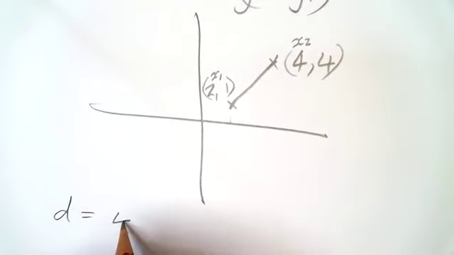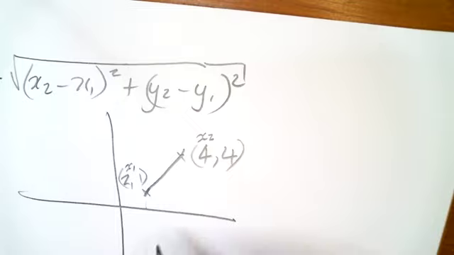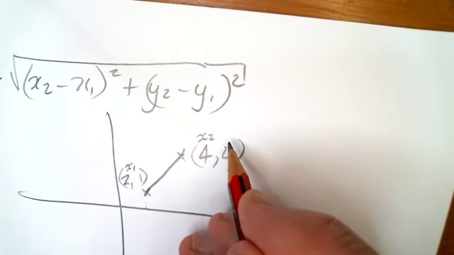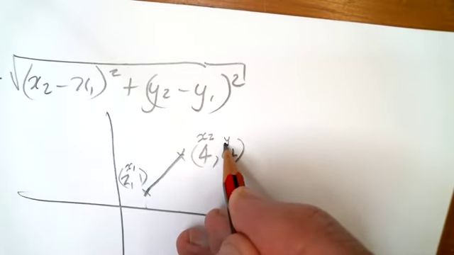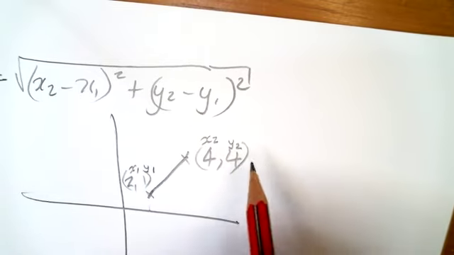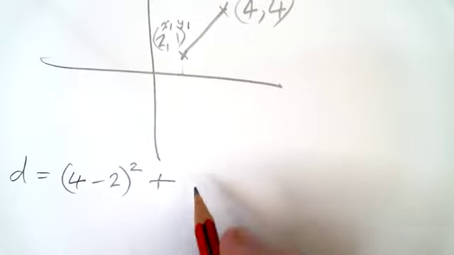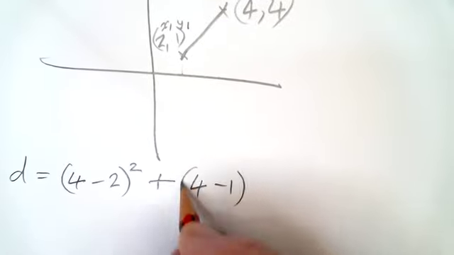So I'll write 4 minus 2 all squared plus, now we're going to have y2 minus y1. So y2, I'm going to call this y2. I'm going to call this one on the side y1. So y2 is going to be 4 minus 1. So 4 minus 1 all squared.